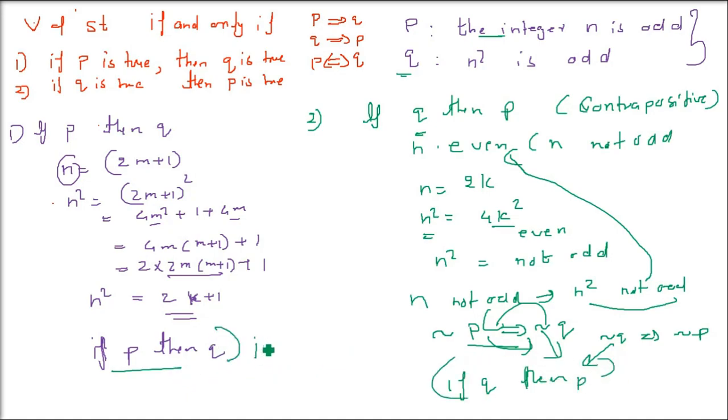And when both of them are true, that is if and only if, P if and only if Q is true. This is the validity of statement. Okay, this is for if and only if.